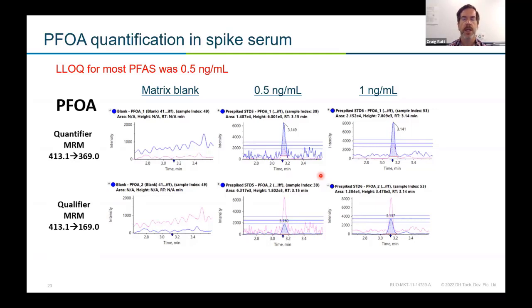So again, using only 50 microliters of serum on the 6500 plus QTRAP system, we're able to get quite low detection limits in the human serum and clean matrix and clean backgrounds.